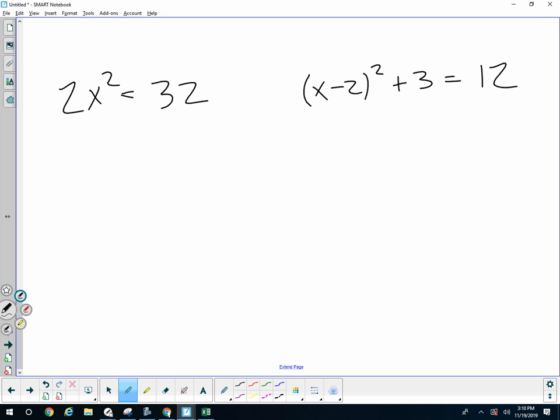We subtract 3 on the right side. Here, I'm going to divide 2 on the left side. Isolate what's being squared. Square root both sides. I get both positive 4 and negative 4. On the right side, subtract 3 to isolate the x minus 2 being squared.